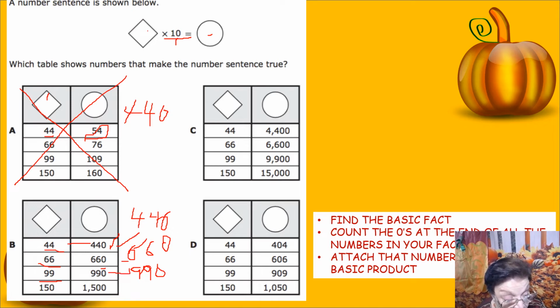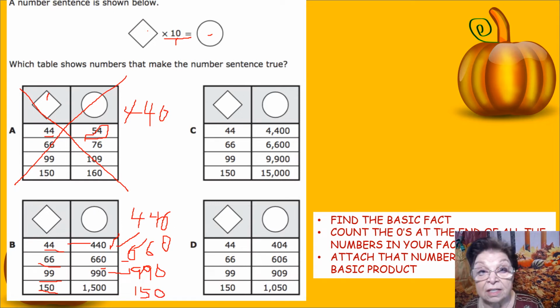One more to look at. 150 times 10. 150 times 1 is going to be 150 because anything times 1 is the other number. And now we're going to add, since we're doing times 10, how many zeros does 10 have? 1.